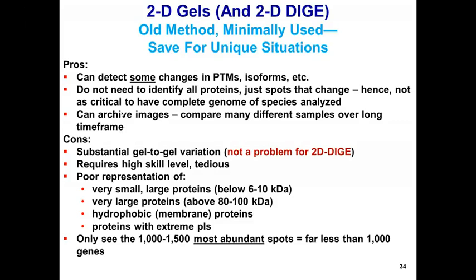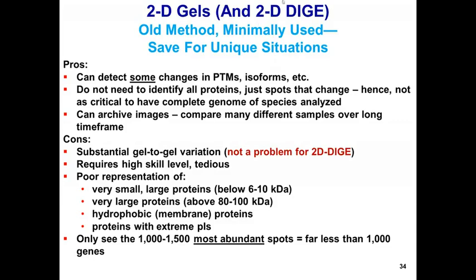Disadvantages include the gel-to-gel variation, which is largely eliminated by the DIGE approach, but the other disadvantages persist. I've already mentioned the poor representation of certain groups of proteins. It is also very tedious and requires a high skill level to perform the analyses with high quality.